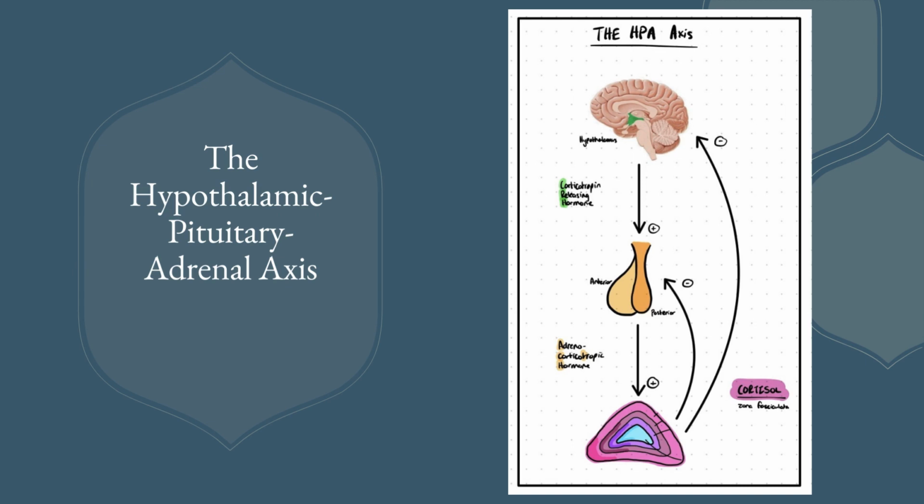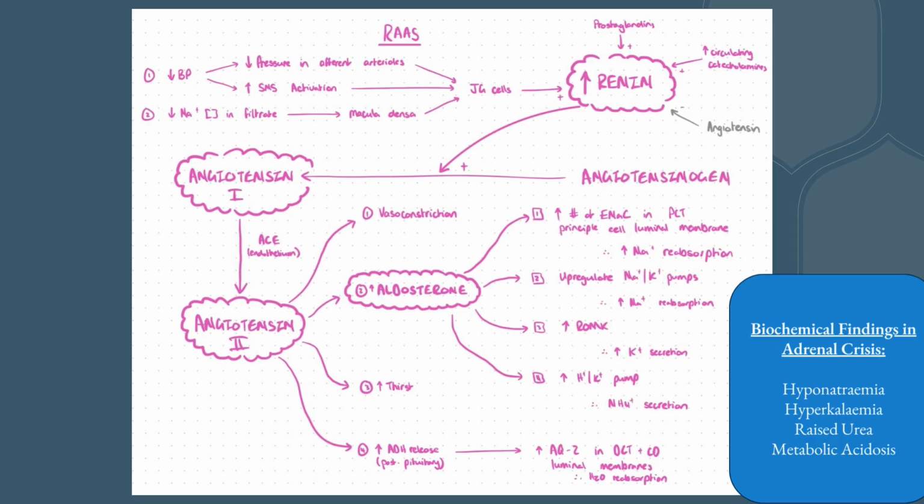The hypothalamus stimulates the anterior pituitary by releasing corticotropin releasing hormone, which travels to the anterior pituitary through blood vessels. The anterior pituitary then secretes ACTH, adrenocorticotropic hormone, into the bloodstream, which travels to the adrenals and stimulates the production of, among other things, cortisol, which then negatively feeds back on those 2 precursors. And that's how this whole system is controlled.